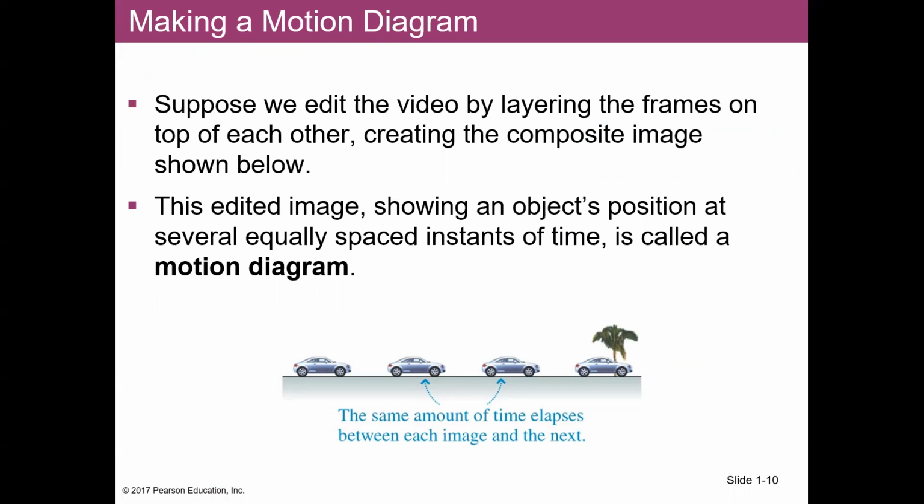And so if they're equally spaced, that really defines constant speed for us. Technically, it's constant speed if it's moving in one direction. If it's moving at the same speed but changing direction, then that's a different type of motion. But motion in a straight line with constant speed would be described by this motion diagram.